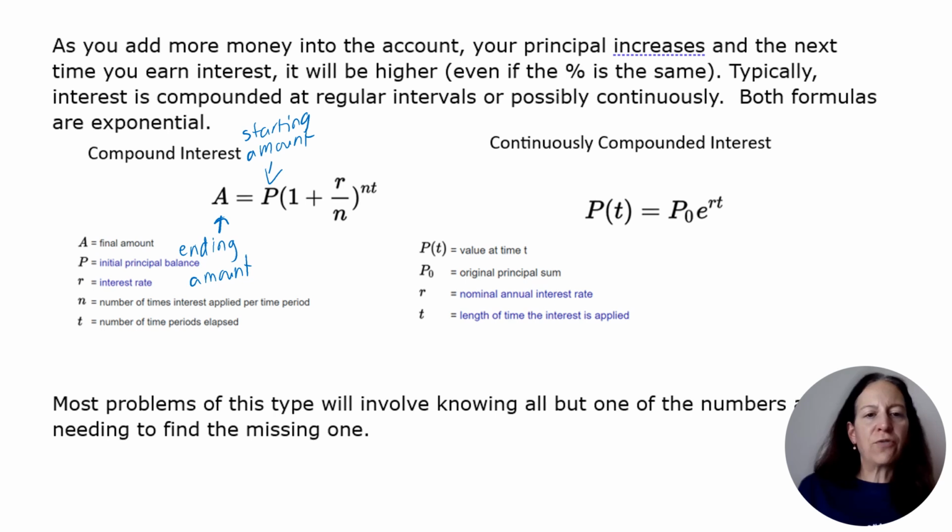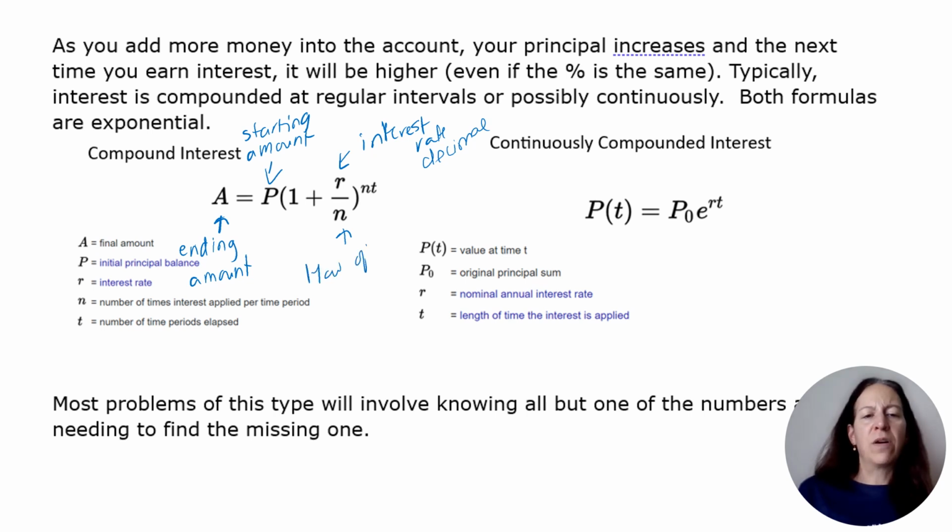R is your interest rate, okay? Interest rate as a decimal, okay? As a decimal. And N is how many times it's applied usually per year, okay?